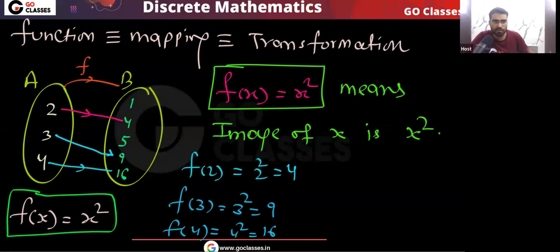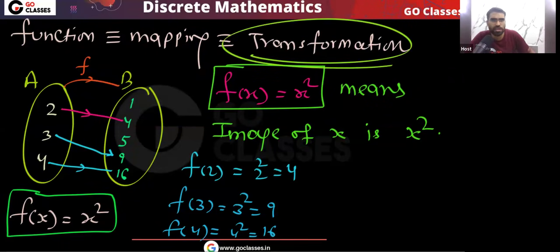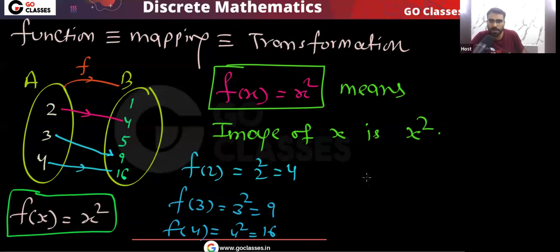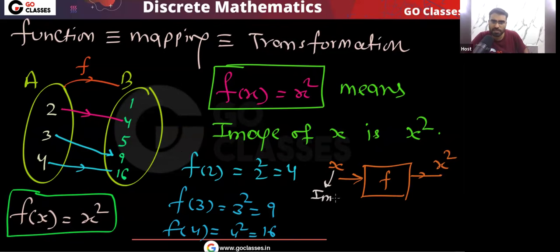You can see why this function is called a transformation. If you give the input x, the output will be x square. So the function is also called a transformation because the value x is transformed into x square.